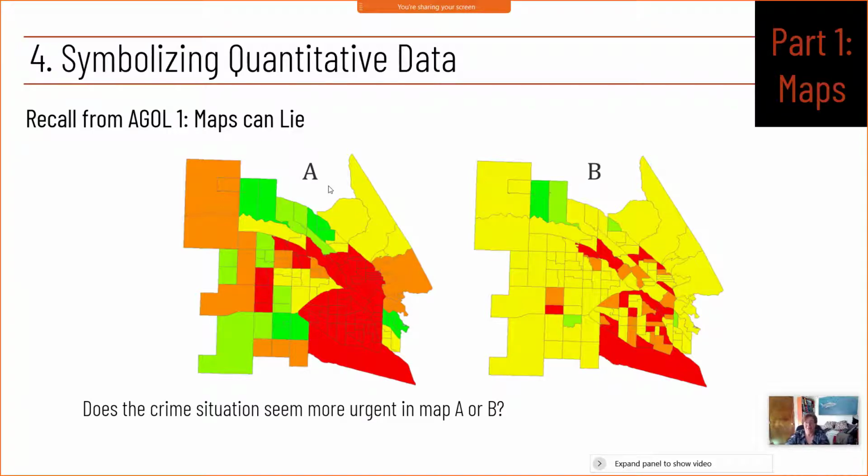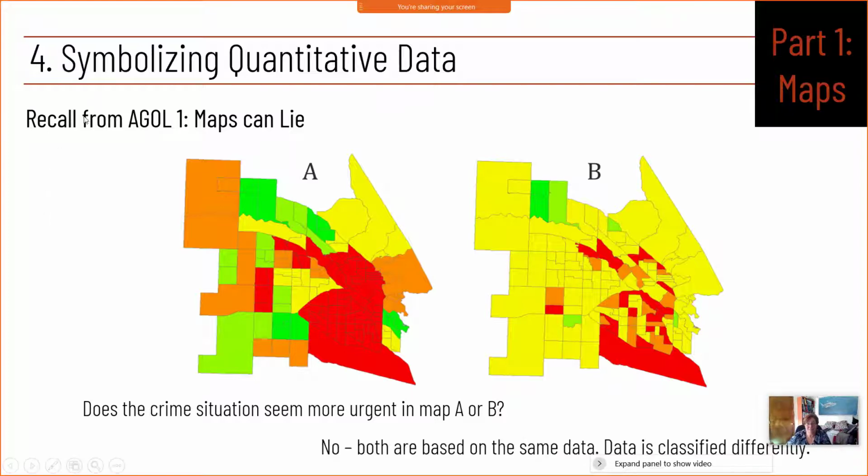The map on the left, at the time, we agreed that it seems like crime is more of a problem there than it is on the right, even though they're both the same data, they're just categorized a little bit differently. And when I say categorized, it's the boundaries in between which a crime statistic falls to get a certain color assigned to it.